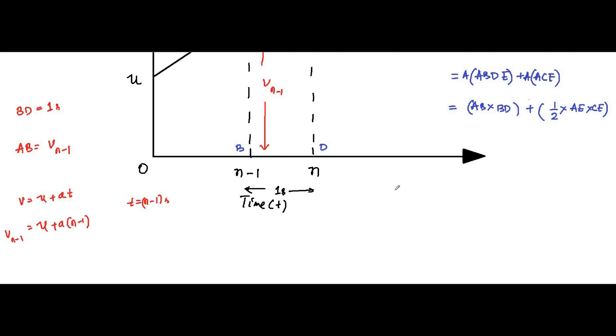So the area of ABDE is equal to AB into BD. AB is equal to V(n-1) into 1 second. V(n-1) is equal to u + a(n-1). This is the area of ABDE.